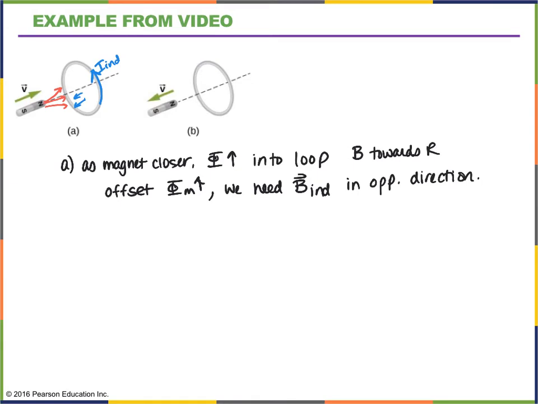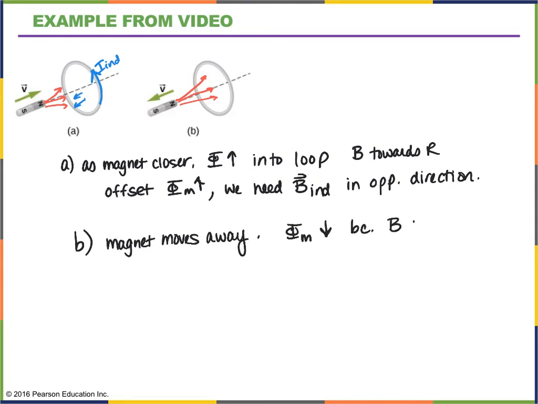If we look at B, this is the opposite case where the magnet is getting further away. And so as it's moving away, the field is getting weaker. So the flux is getting smaller because the field is weaker.